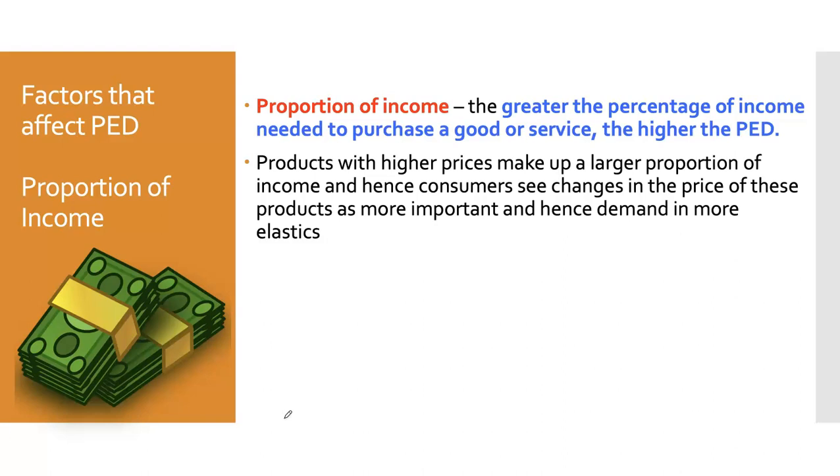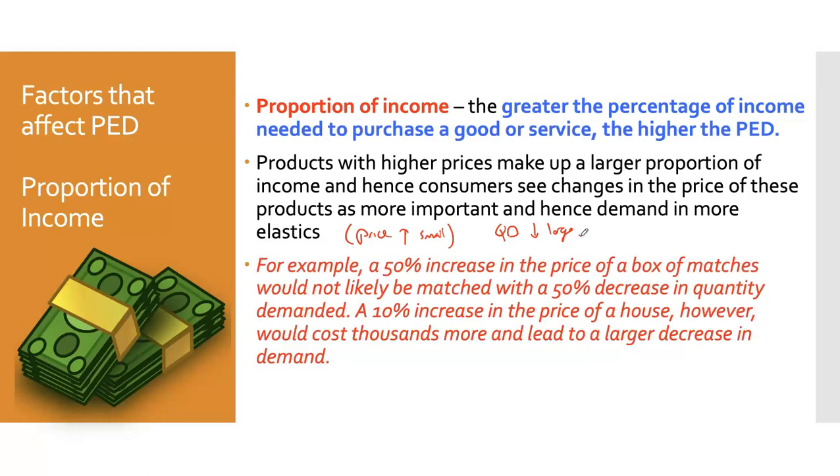It's taking up more of your income, so you will do without it if you can. And hence, what we mean by this is, if the price goes up, even in a small way, this will likely result in the quantity demanded going down in quite a large way, because even the small increase is taking up a larger amount of their income.